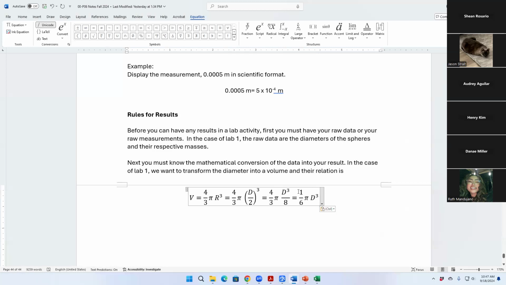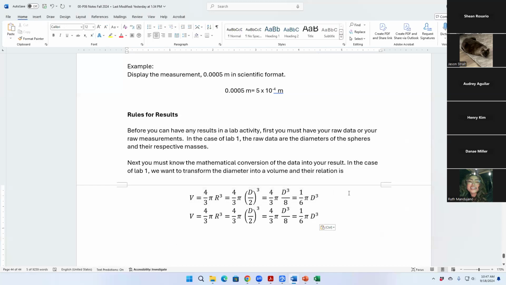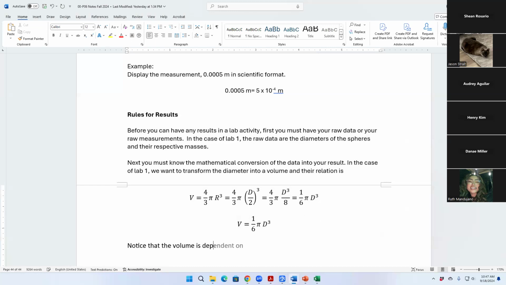Okay? Right? Like that. So you have to have the formula. Here's the formula. In this case here, this volume is dependent only on the diameter. Note that the volume is dependent only on the diameter.